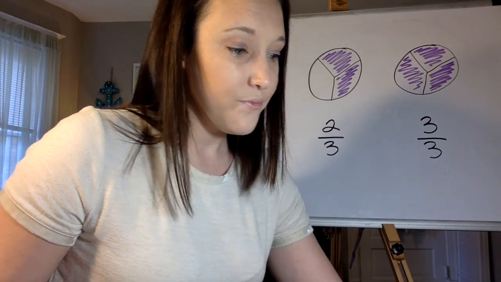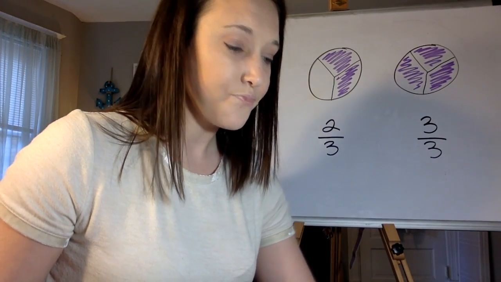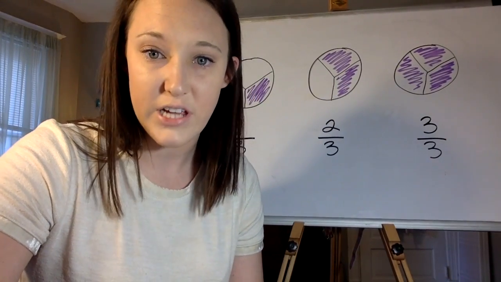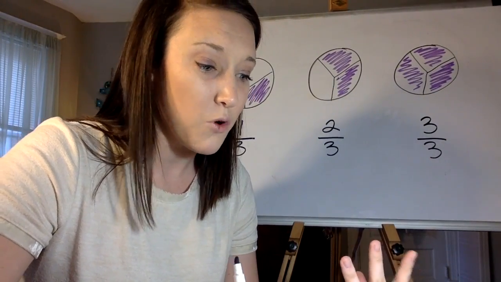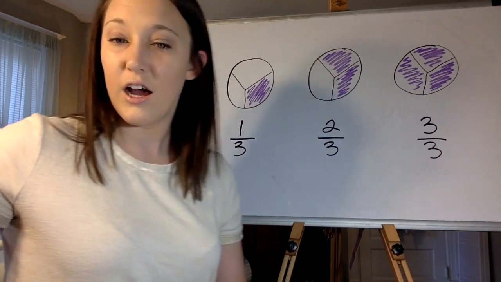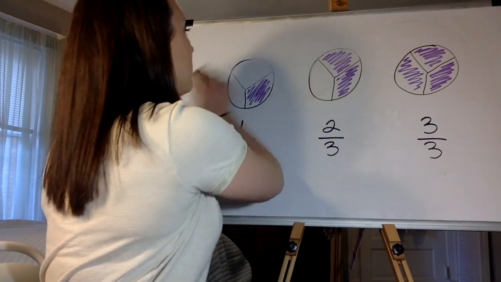All right. So then it gets into the Think and Grow on page 258, and it's talking a little bit more about what we just did, okay? So we've got a rectangle.